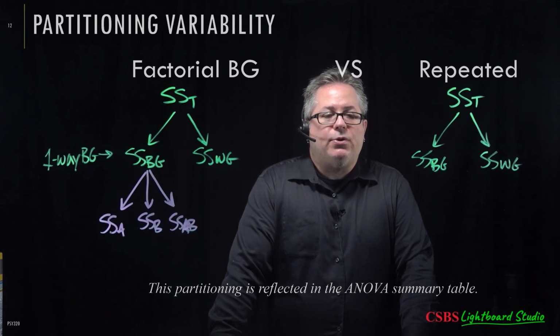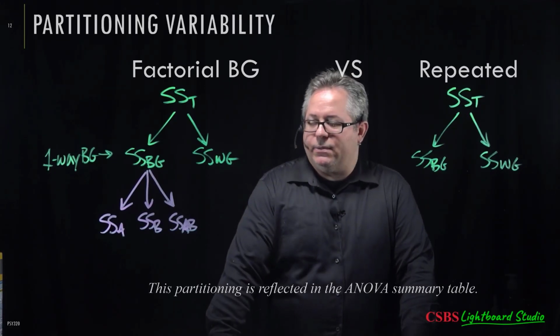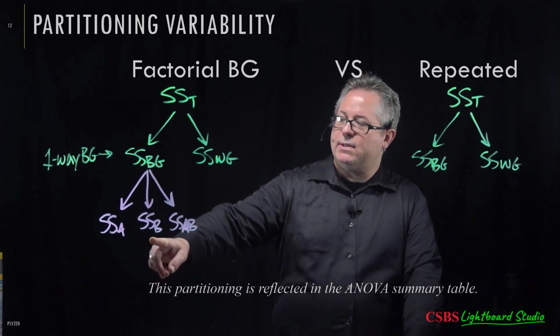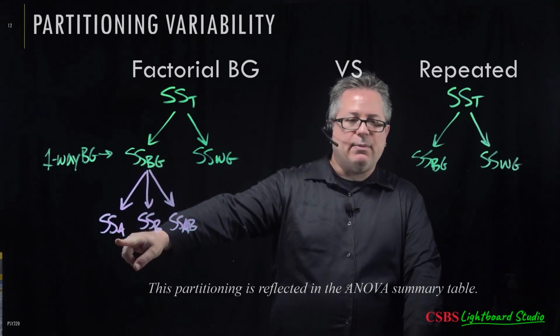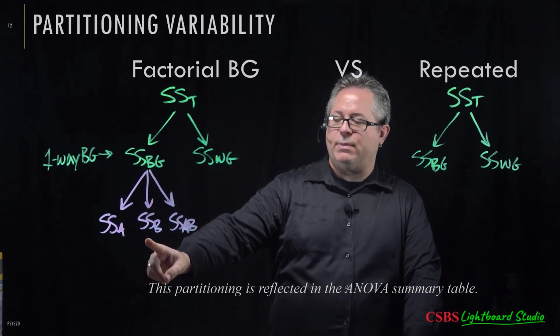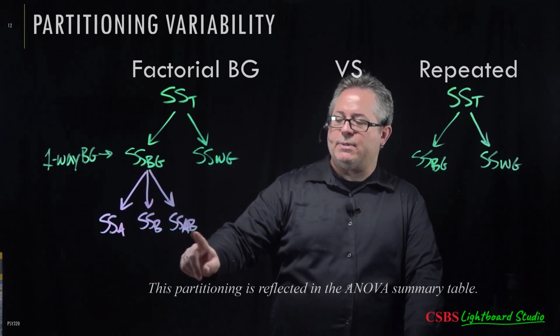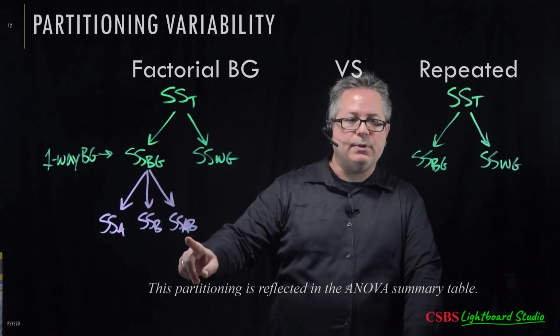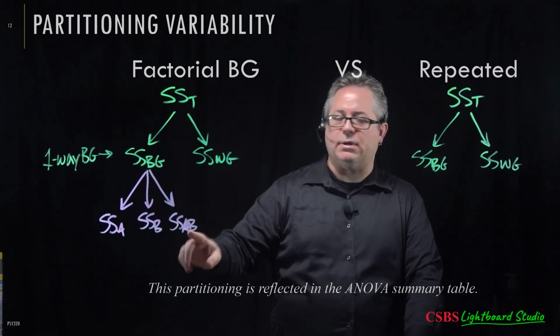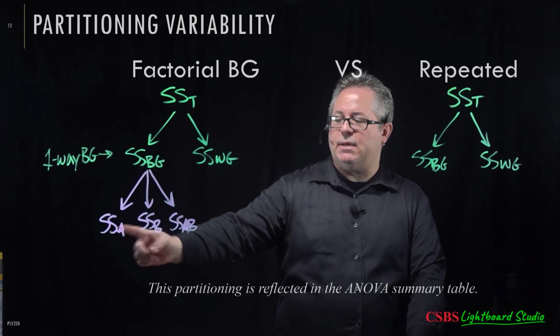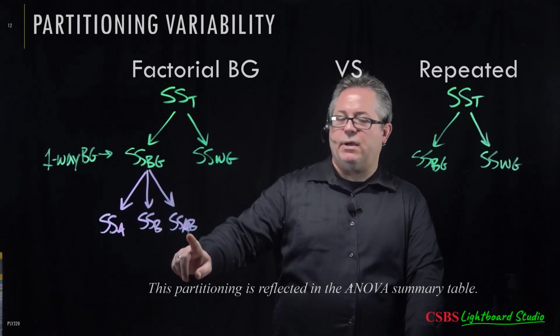When we do a factorial, we have at least two IVs. Well, the groups differ from each other along the A dimension. They differ separately along the B dimension. And then sometimes A and B work together to affect the means even more or in a different way than A and B individually, and we get this interaction.